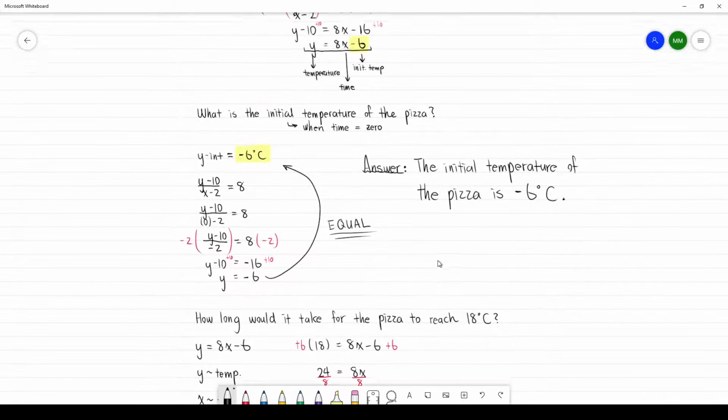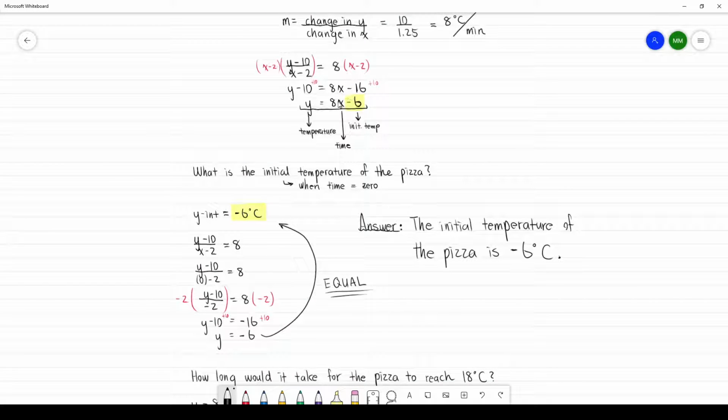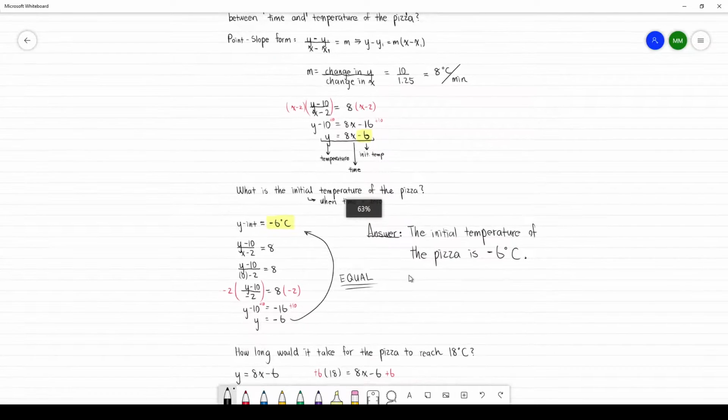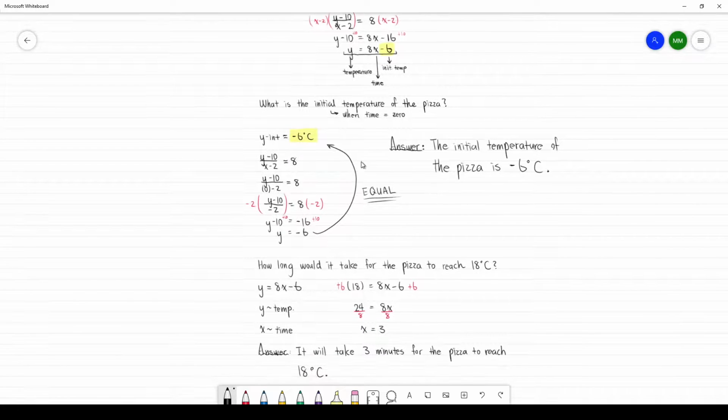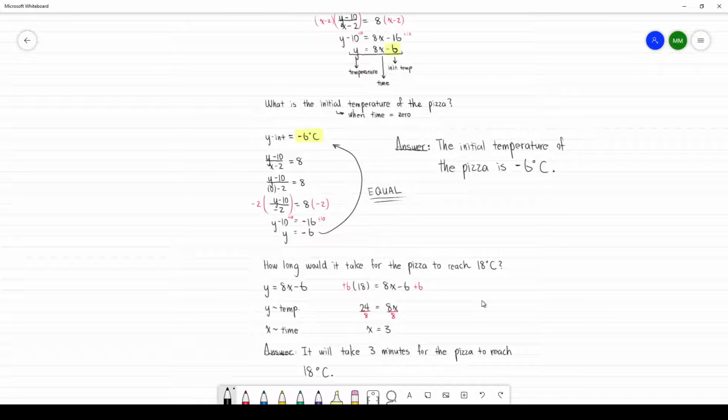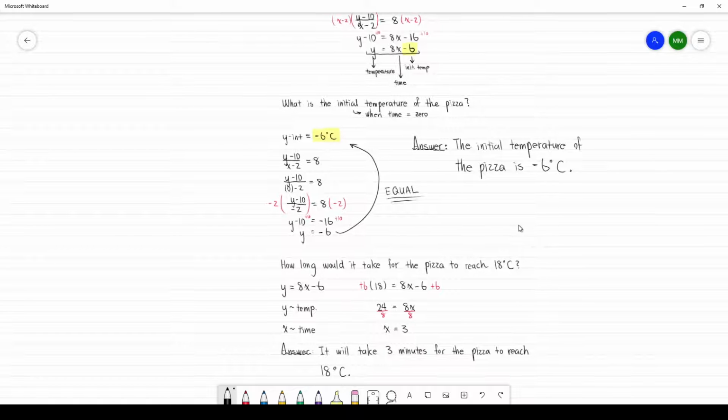So let's say you wrote it as ax minus 5, so that's a wrong equation, and then for the initial temperature, you said negative 5. Even though it's wrong, if it corresponds to the equation, the teacher will still give you the right answer. But that's if you meet a nice teacher. If you meet a not so nice teacher, they'll just mark everything wrong. And that's not very good for you.